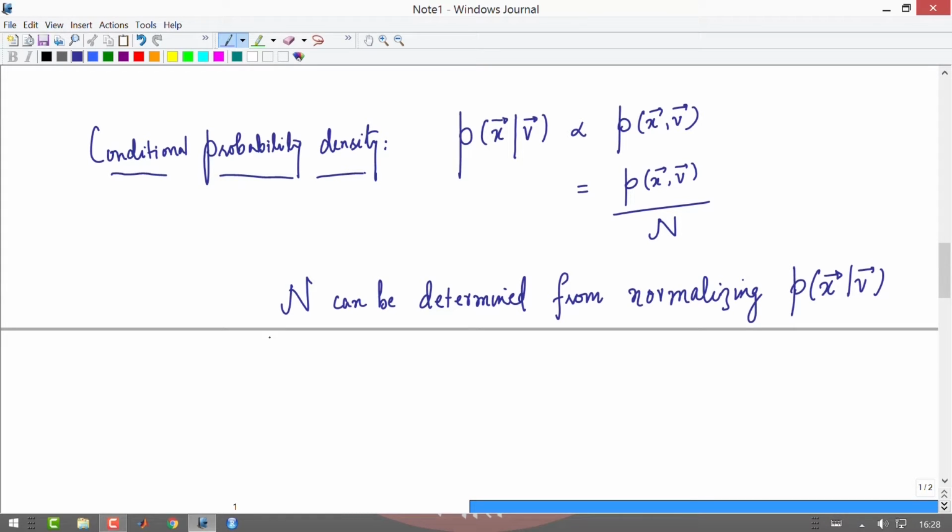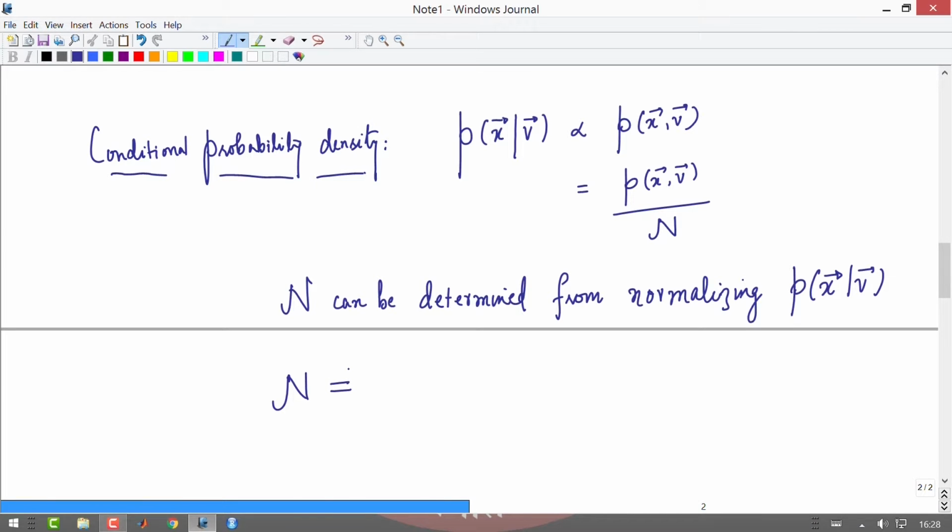So I can integrate with respect to x on both sides and get the definition of the norm. Since conditional probability densities are normalized, which is the requirement we are imposing, this simply becomes the integral of the joint probability density with respect to the positions.